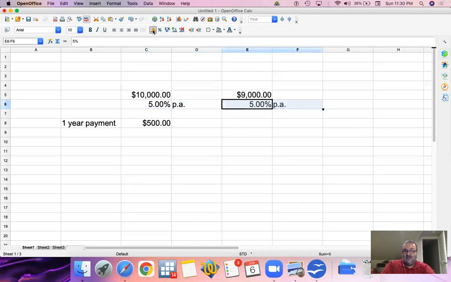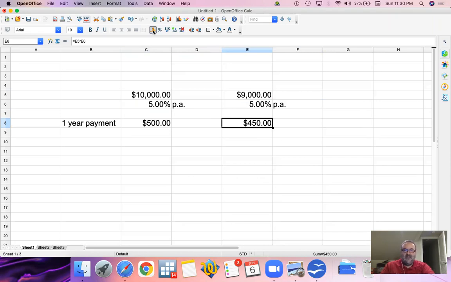Your interest rate, if it is fixed, won't change, but because you have $9,000 or less left, depending on how much principal you actually end up paying, you will pay less interest, right? So your interest on the loan is calculated on the outstanding balance.